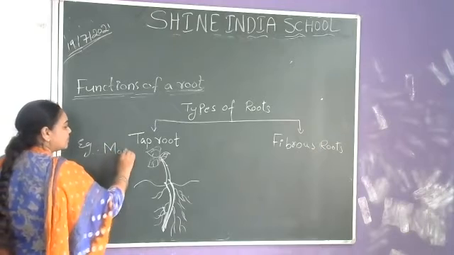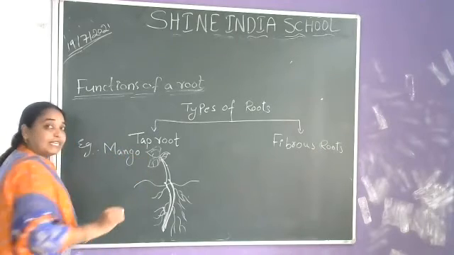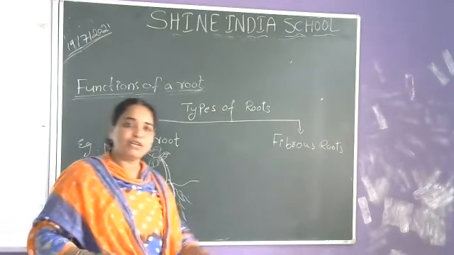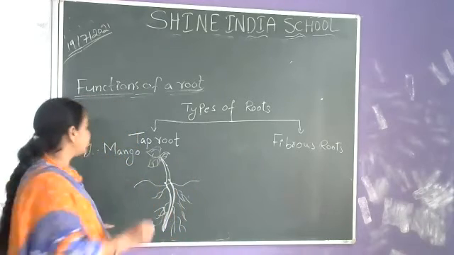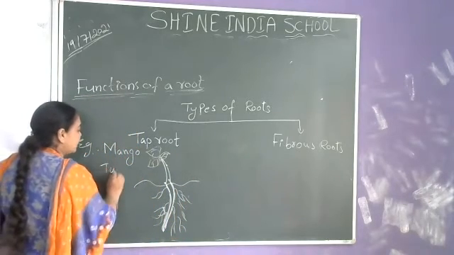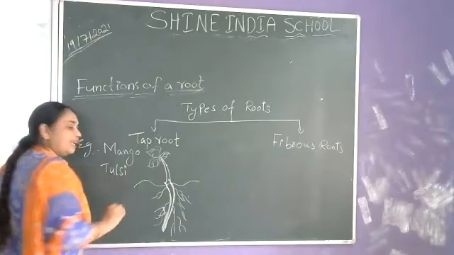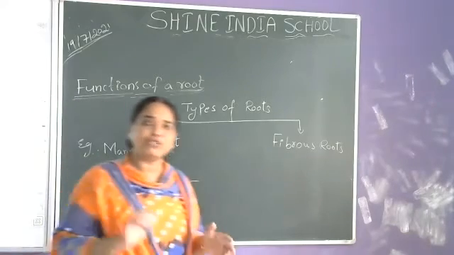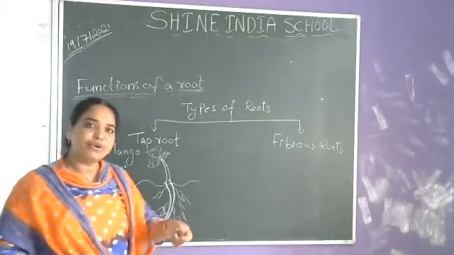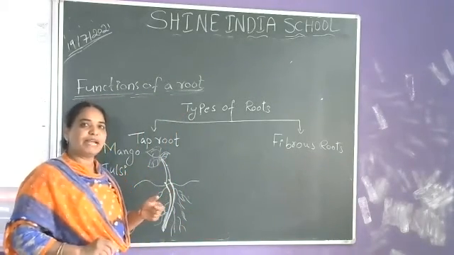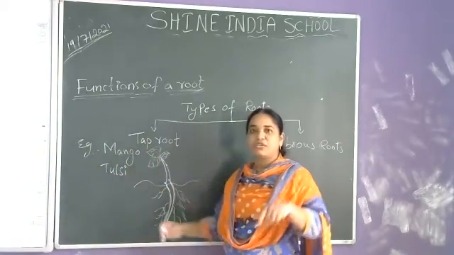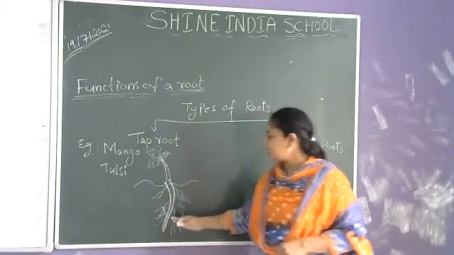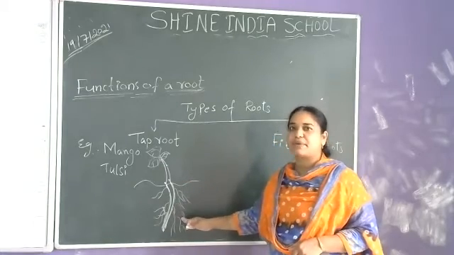Mango. The best example you can observe, if you uproot a plant and observe the roots, is the tulsi. In each and every home, I think tulsi plants are there. If you uproot the tulsi plant and observe the root, you can find this taproot system.